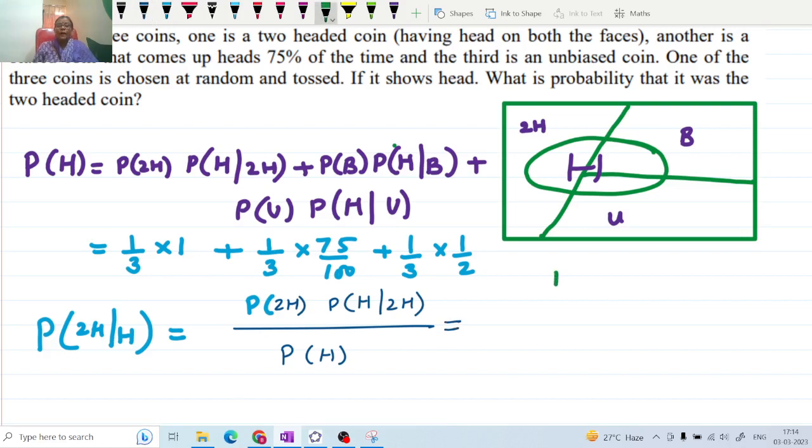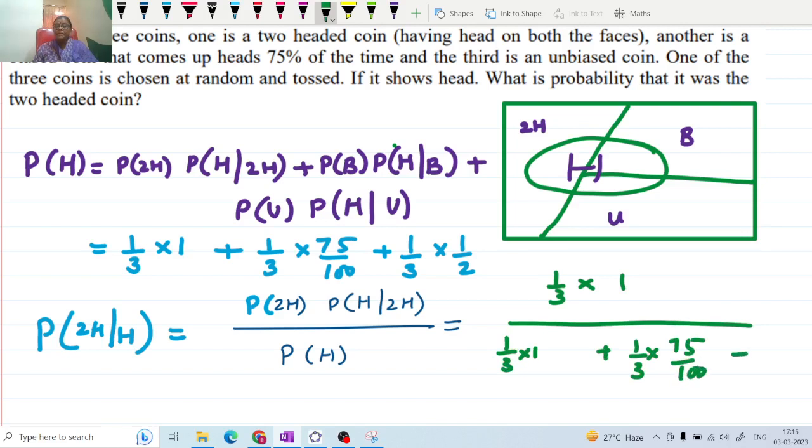It will be 1 on 3 multiplied by 1, upon 1 on 3 multiplied by 1 plus 1 on 3 multiplied by 75 upon 100 plus 1 on 3 multiplied by 1 on 2. Now, I always suggest my students to do smart work here.